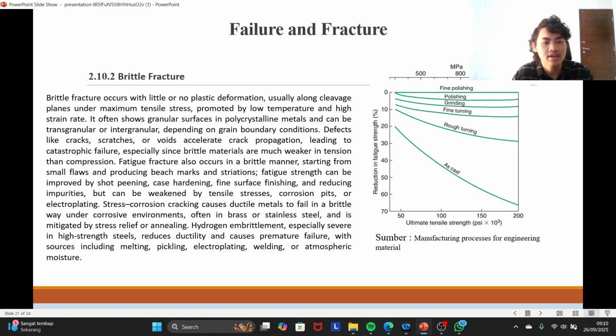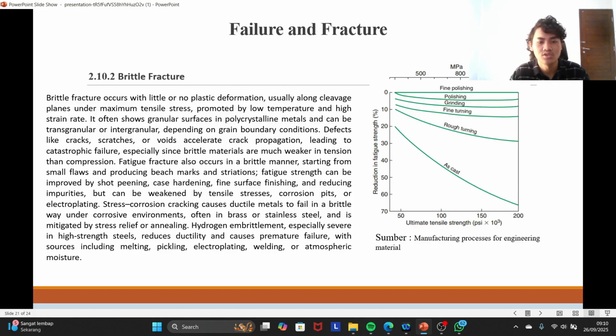Defects like cracks, scratches, or voids accelerate crack propagation, leading to catastrophic failure, especially since brittle materials are much weaker in tension than compression.